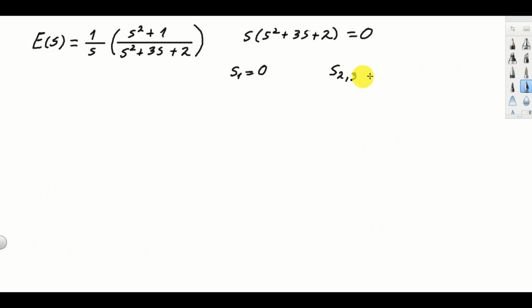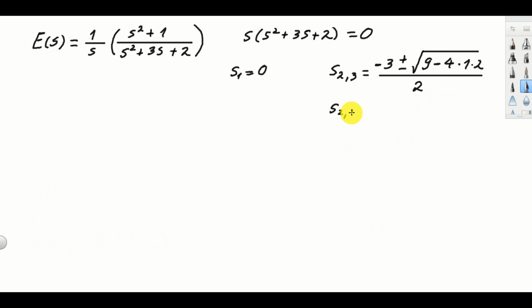s2,3 is, let's apply the formula for zeros of a quadratic equation. So they are minus 3 plus minus the square root of 9 minus 4ac, that is 4 multiplying 1 multiplying 2, divided by 2.